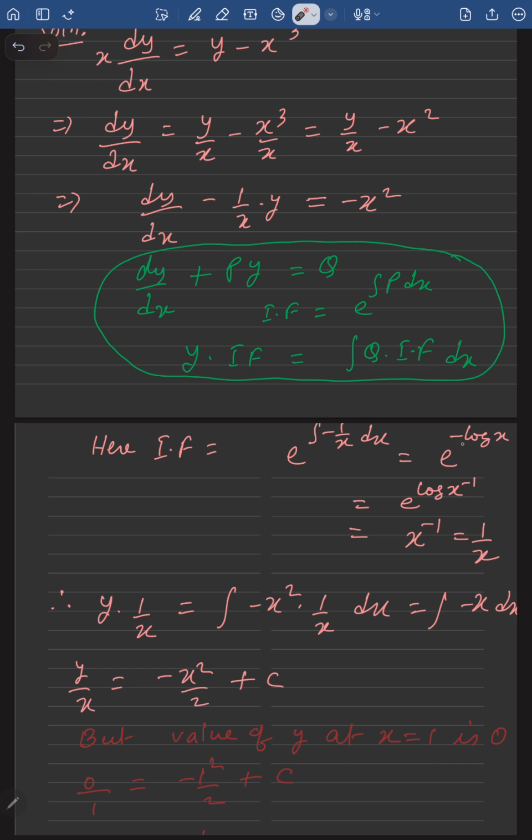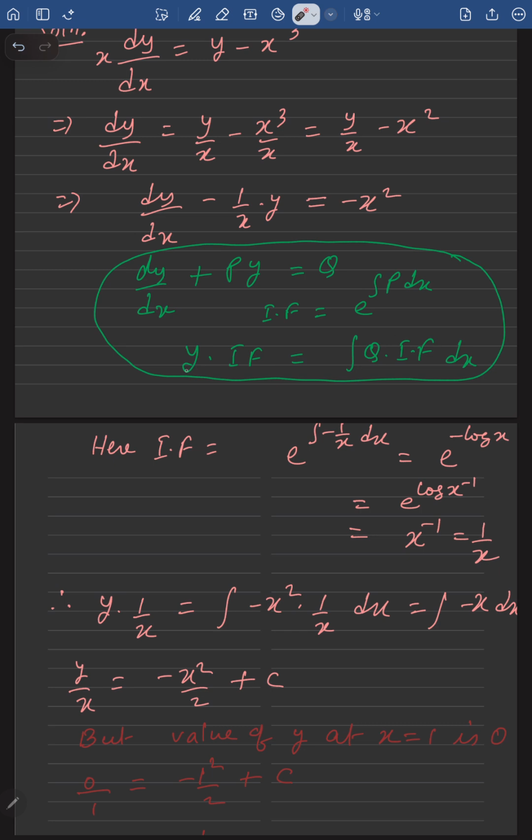The minus goes to the power of x, so log x to the power minus 1. Then e and log get cancelled, and you get x power minus 1, because e power log x is x. That is 1 upon x. So your integrating factor is ready.